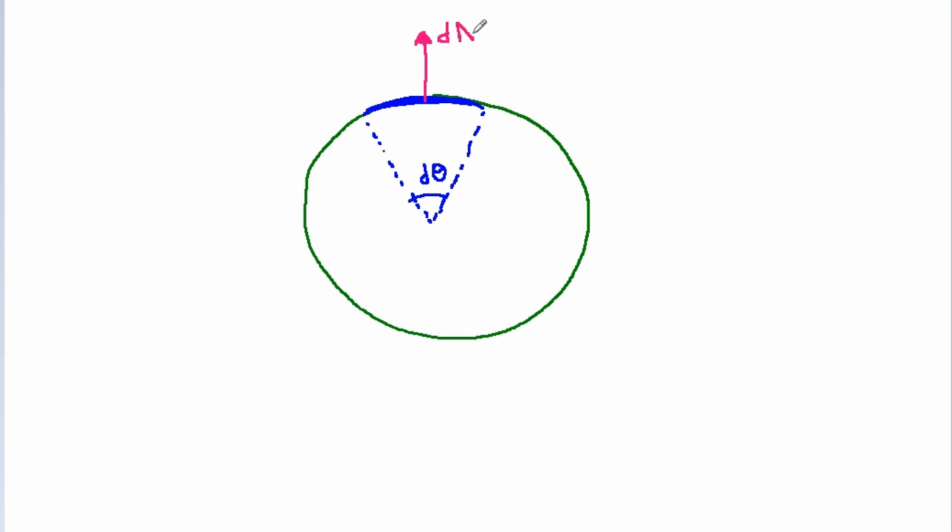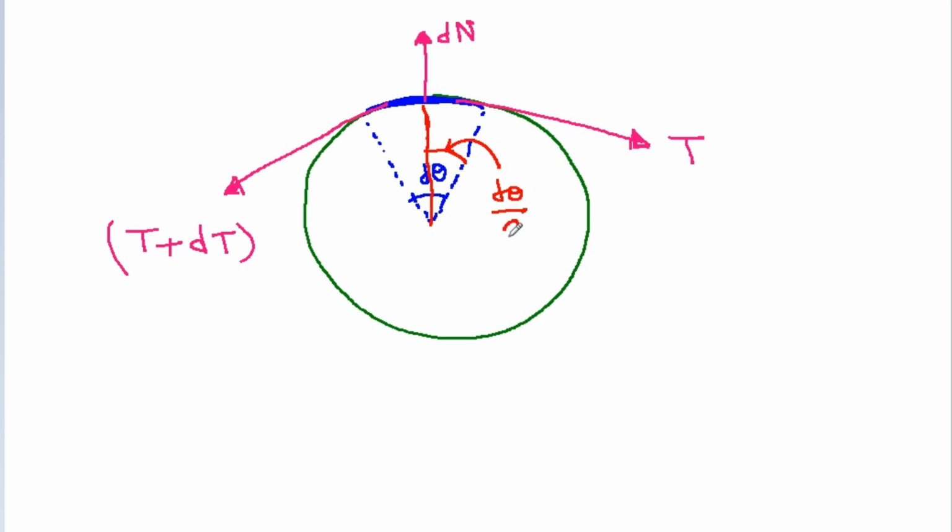Suppose it is dN, and the tension at one end of the string is T, so the tension at the other end will be T plus dT. This complete angle is d theta, so the half angle will be d theta by 2, and this angle also is d theta by 2.